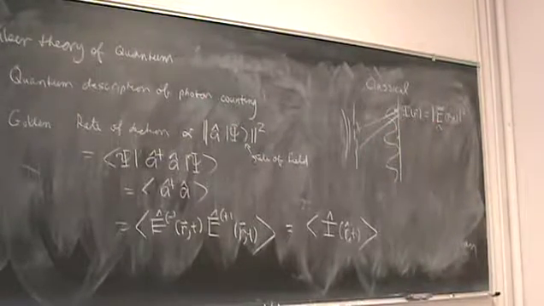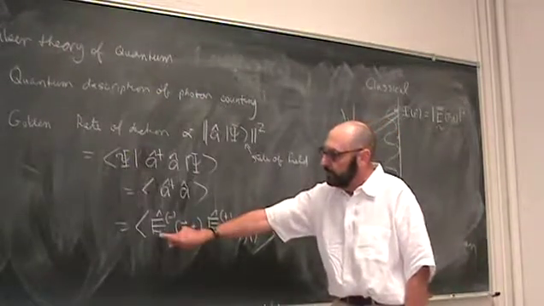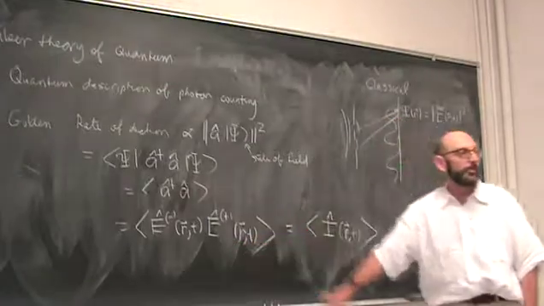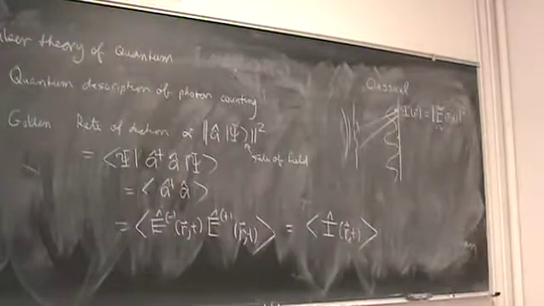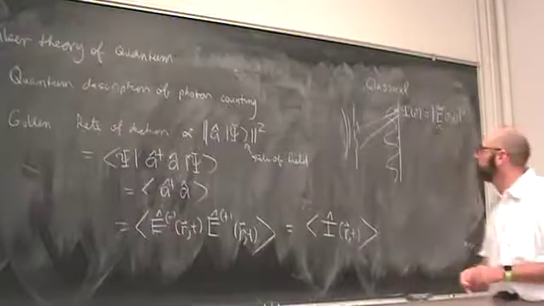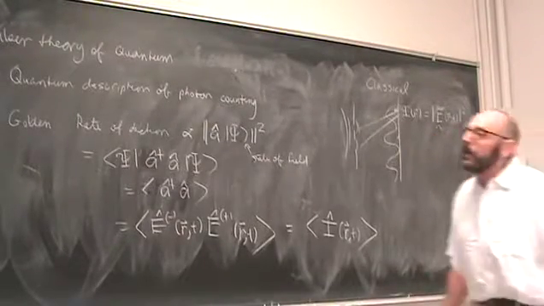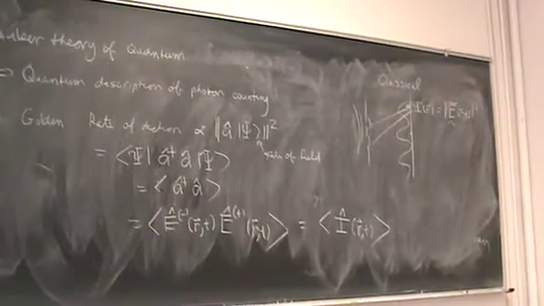The intensity operator here is written with the negative frequency components on the left and the positive frequency components on the right, because it's normally ordered in that way. That's where it came from, because we absorbed a photon.